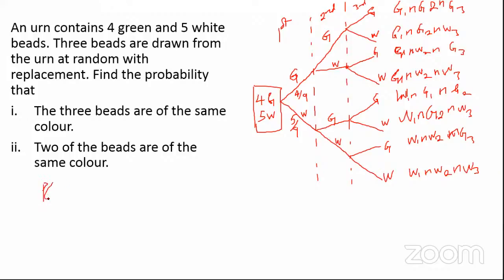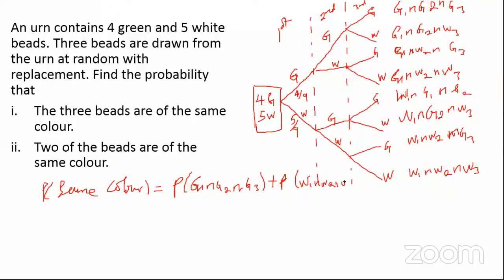So where we have beads being of the same color, we have the probability that they are of the same color. The probability of green 1 intersection green 2 intersection green 3, "or", which means addition, the probability of white 1, white 2, white 3. Then here we'll just multiply.